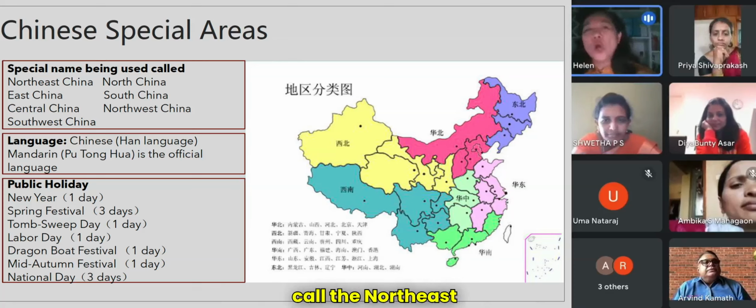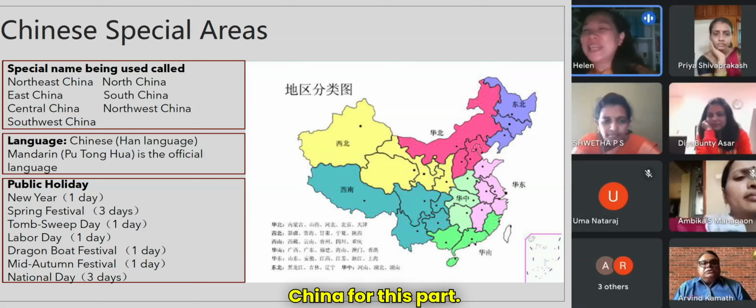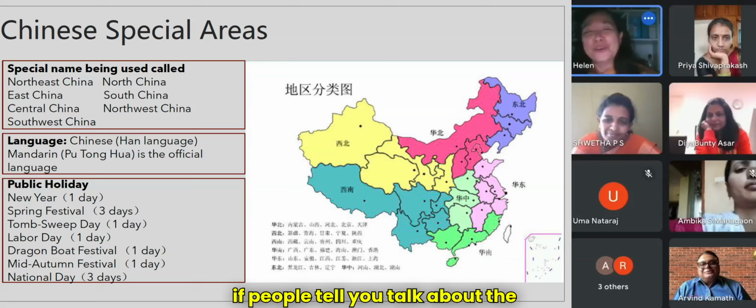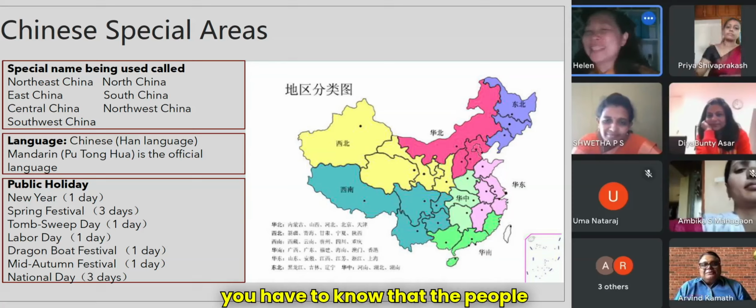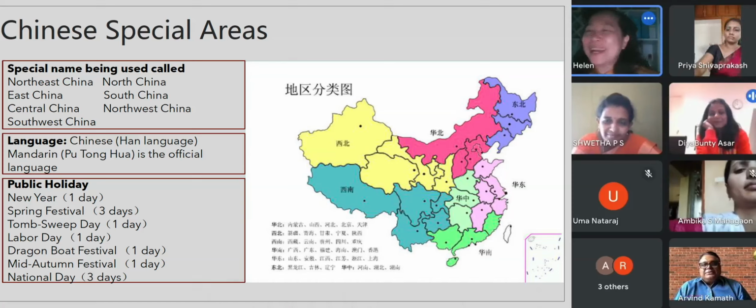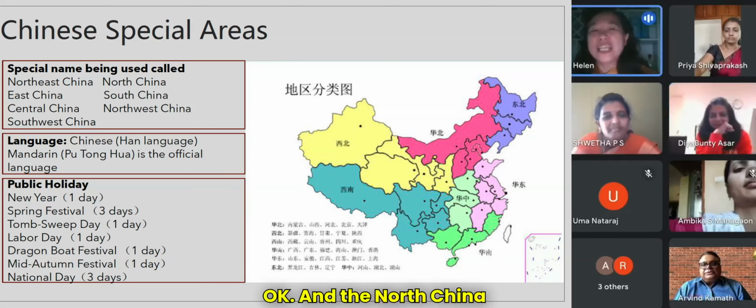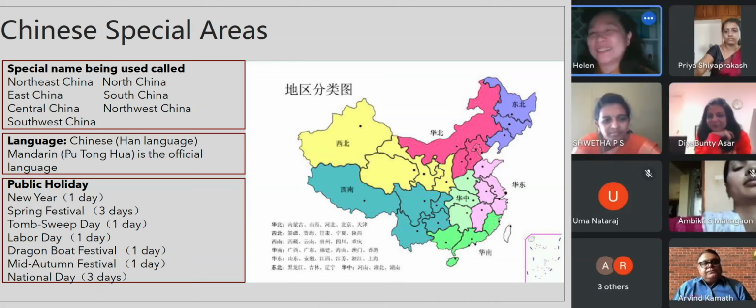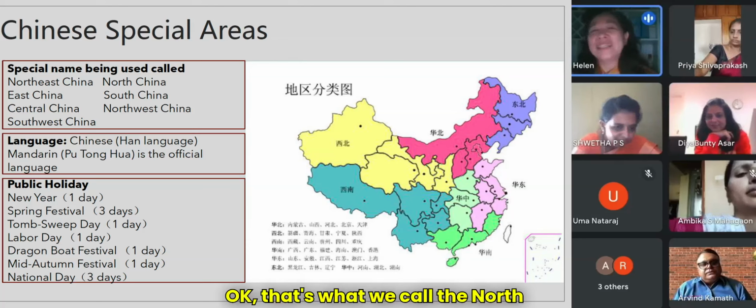We call this part Northeast China. So if people talk about Northeast China, you have to know they mean this area. Okay? And North China, here, the red one, is Inner Mongolia, Hebei province and Shanxi province. That's what we call North China.